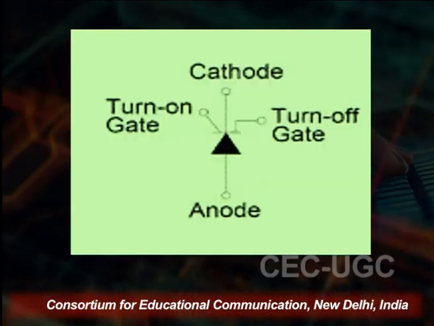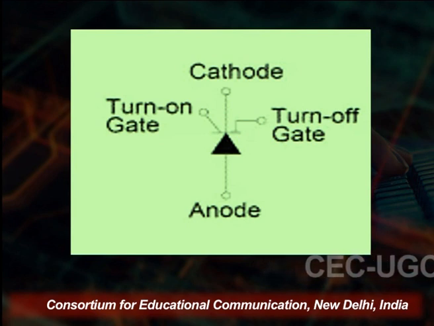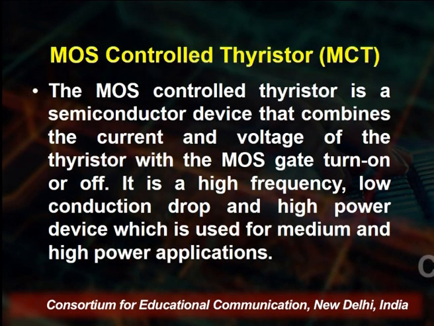You see here the same diagram we have, with the turn on gate and the turn off gate. Here we have the two gates, cathode, anode, turn on gate, and the turn off gate. Now, the MOS control thyristor is the semiconductor device that combines the current and voltage of the thyristor with the MOS gate.